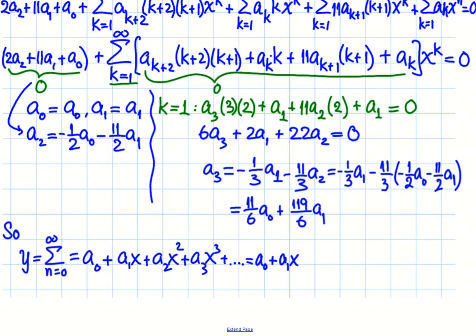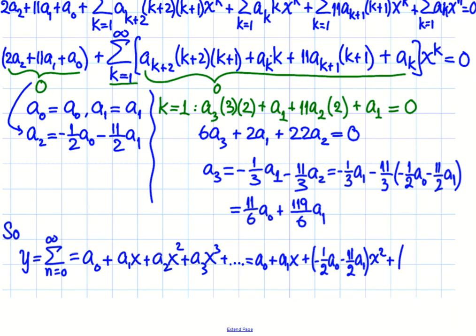A2 we can say is equal to negative 1/2 A0 minus 11/2 A1. So that is A2, and A2 multiplied by x squared, right?